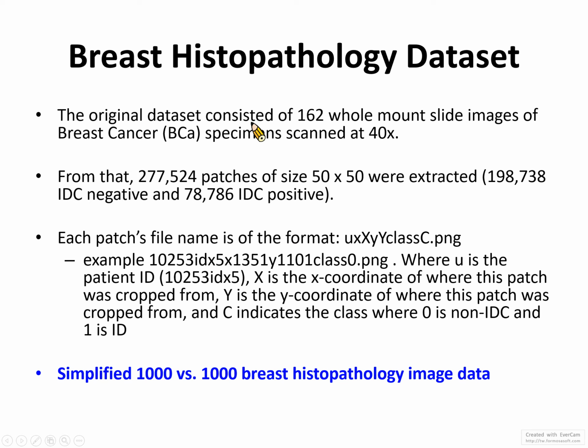The original data set consisted of 162 whole mount slide images of breast cancer specimens scanned at 40x, which means using 40 times magnification of the original slides. And from that, about 277,000 patches of size 50 by 50 pixels were extracted for this data set.